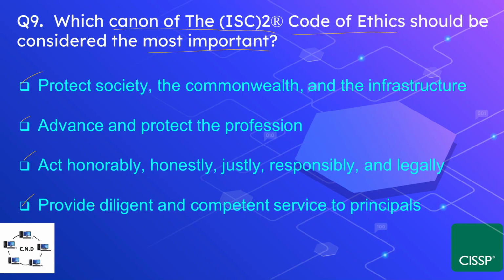And number 4 is provide diligent and competent service to principals. And the correct answer is the first one, because the canon order is important, and these options are written exactly in the order in which they are. So when you are given the choice, the first one is most important because it comes first in the order.